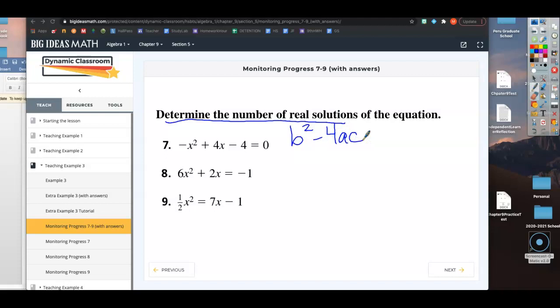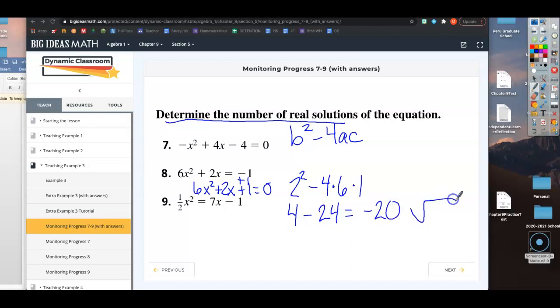Again, I'm going to have to get everything equal to 0, so I would add 1: 6x squared plus 2x plus 1 equals 0. So b would be 2, so I would have 2 squared minus 4 times 6 times 1. So 4 minus 24, which gives me negative 20.